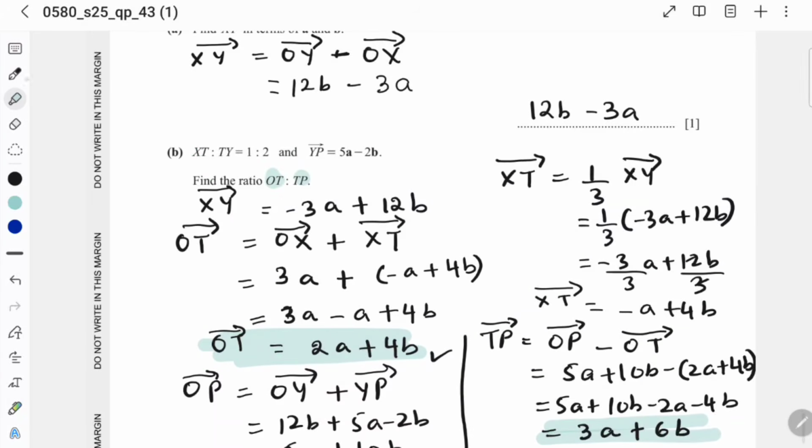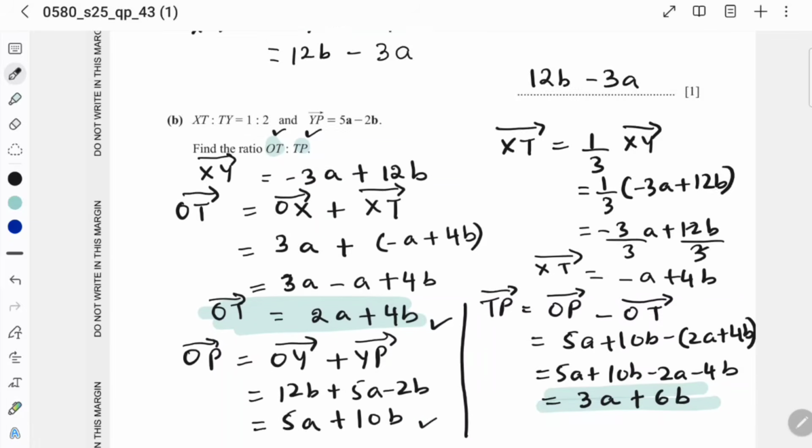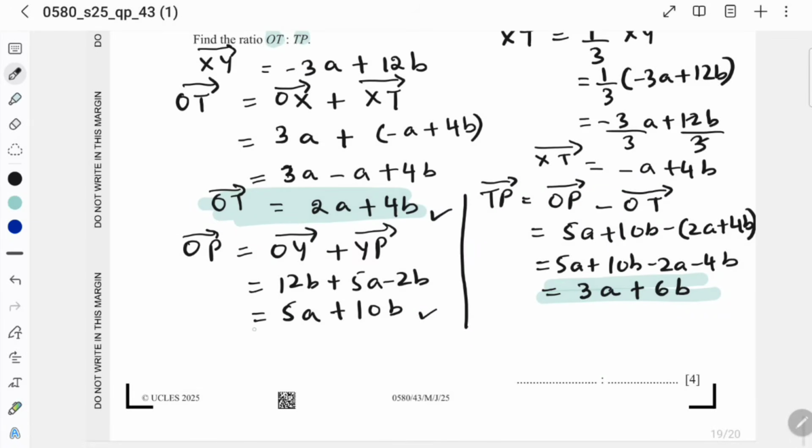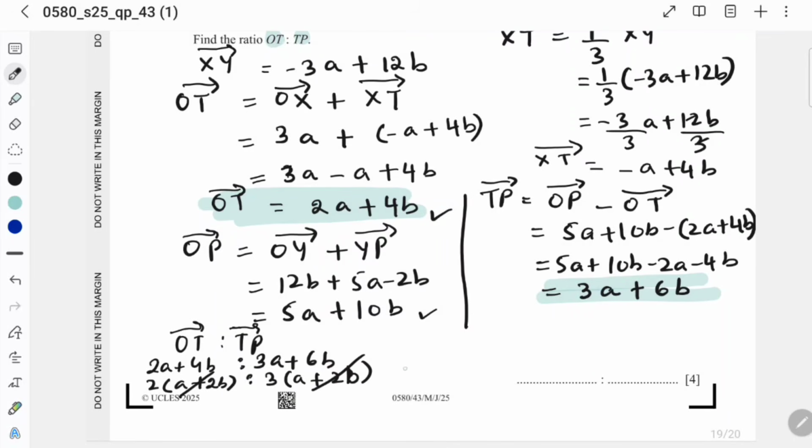They are asking for the ratio of OT to TP. OT is to TP is equal to 2a plus 4b is to 3a plus 6b. You can take common 2 times (a plus 2b) and 3 times (a plus 2b). Cancel, and then you have the ratio 2 is to 3.